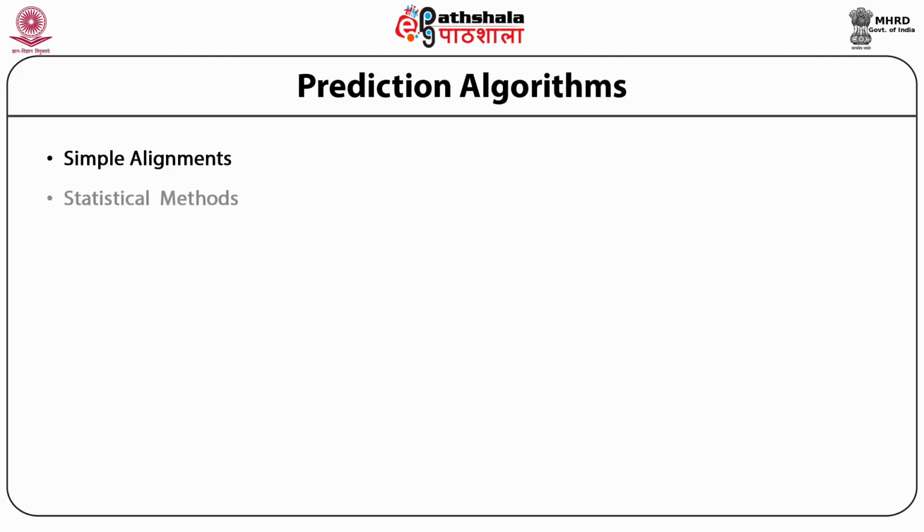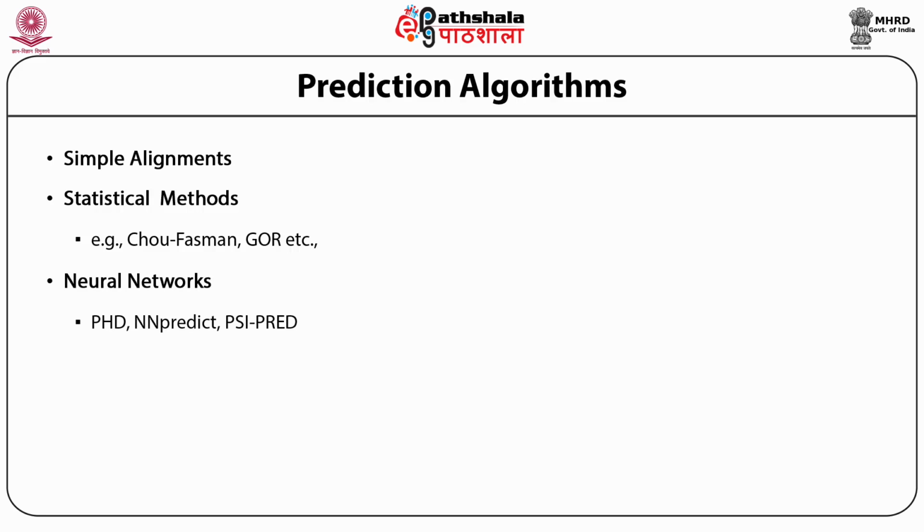Then you have statistical methods, which include the Chou-Fasman and the Garnier-Osguthorpe-Robson method. More sophisticated methods are neural networks, which are there in the PHD server, or Jpred and NNPredict, and then again hidden Markov model type methods like SAM-T98 and others.